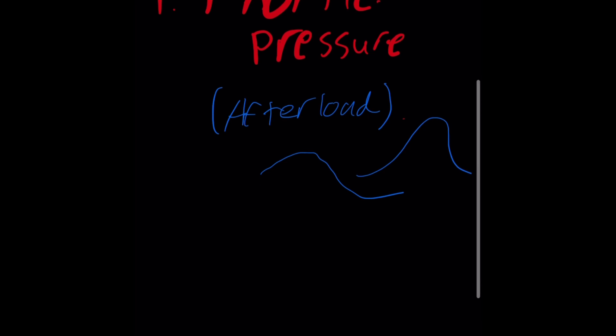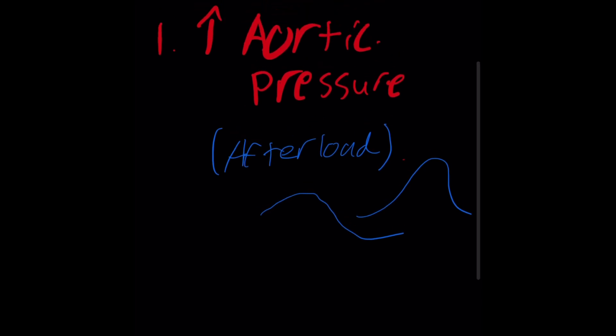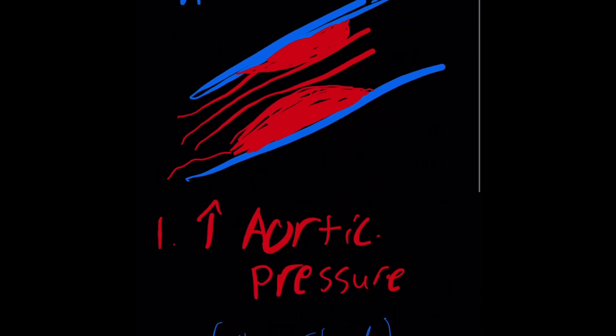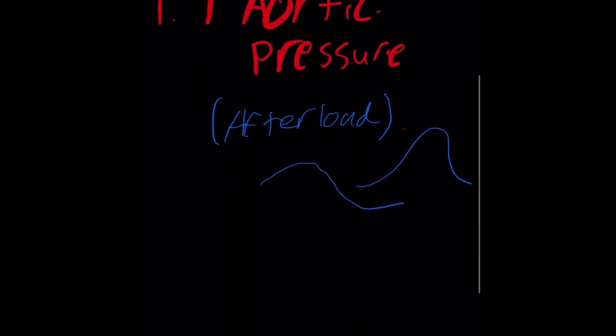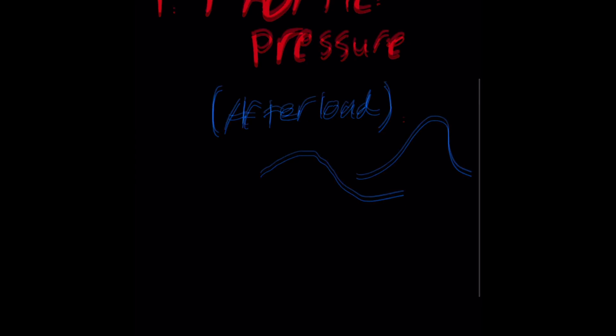Instead of how it might normally look, it might be like this instead. That's because of the plaque that's building up. The heart has to overcome that excess pressure, and so the aortic pressure is going to be higher.